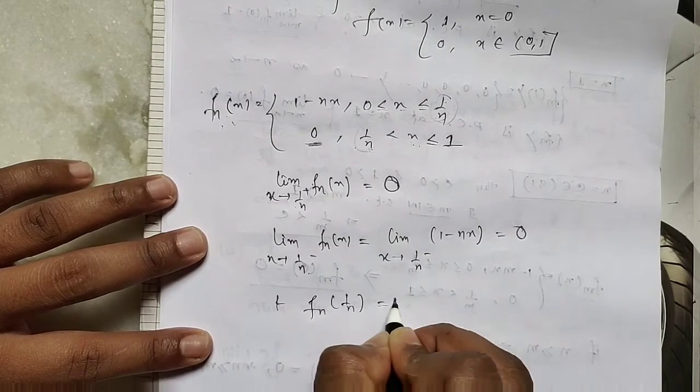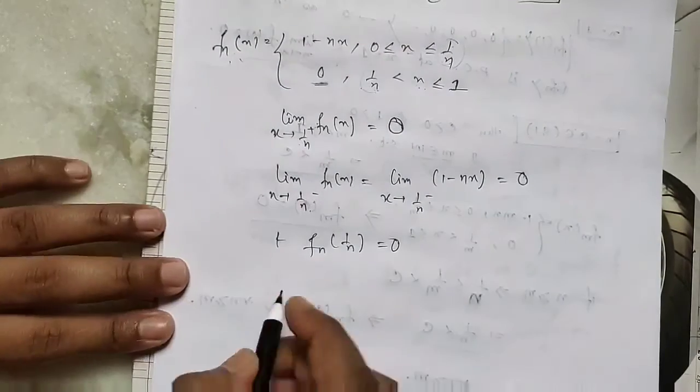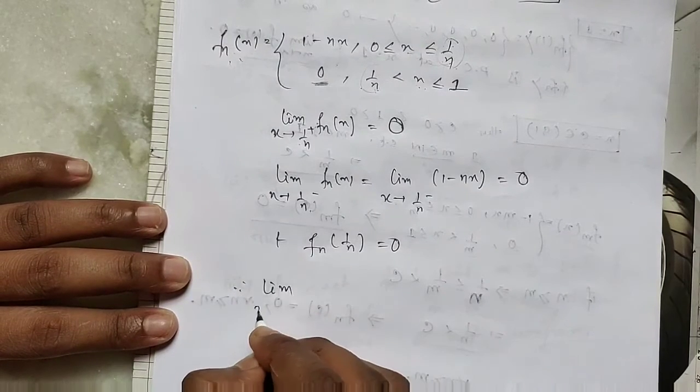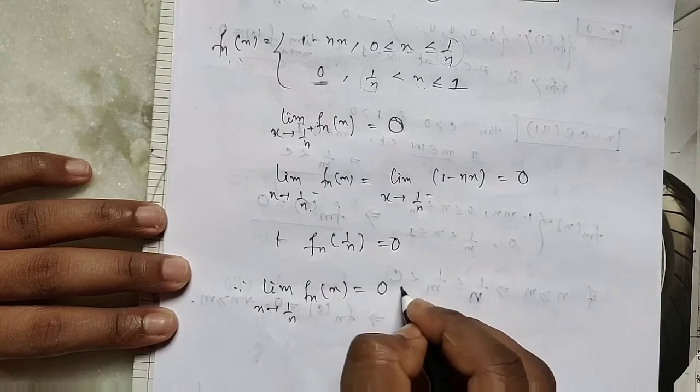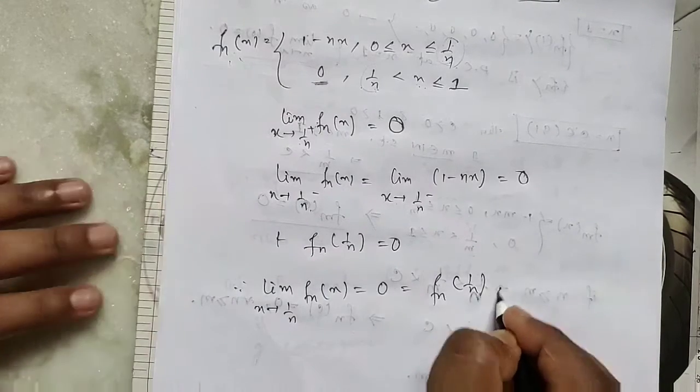And 1 minus n times 1/n is 0, therefore the limit as x tends to 1/n of fn(x) equals 0, which equals fn(1/n).